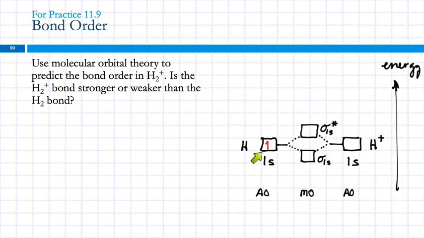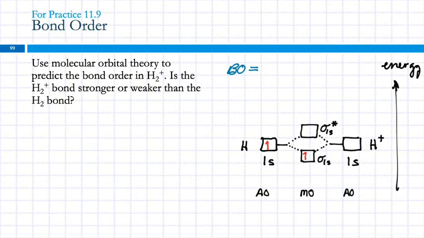So I have one electron here, right? So I'm going to put one electron in my molecular orbitals. It's going to go in the lowest one. And that's the molecular orbital diagram for H2+. And then it's asking us for the bond order. I'm going to call it BO. It's not body odor, it's bond order.